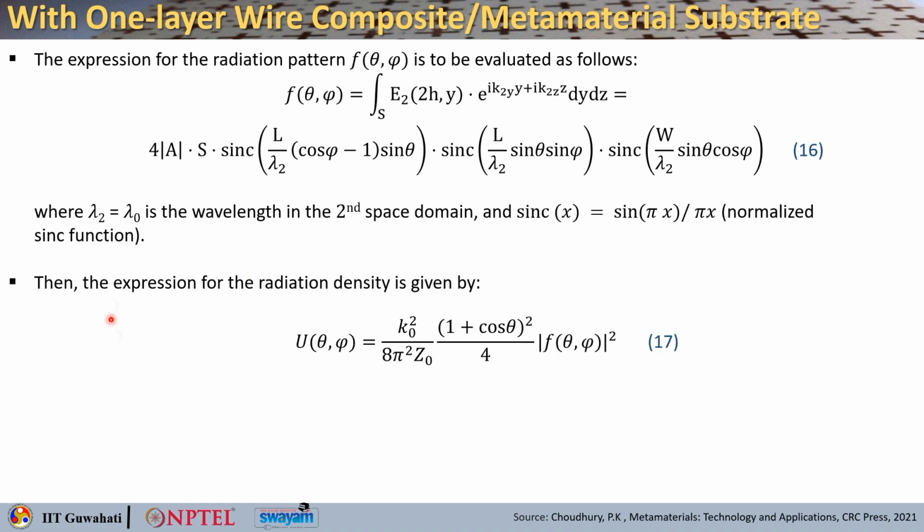With that you can write down the expression for radiation density in this particular form. You can write u theta phi equal to k naught square divided by 8 pi square z naught times 1 plus cos theta whole square by 4, and then you have the modulus of this radiation pattern, so modulus f theta phi whole square.